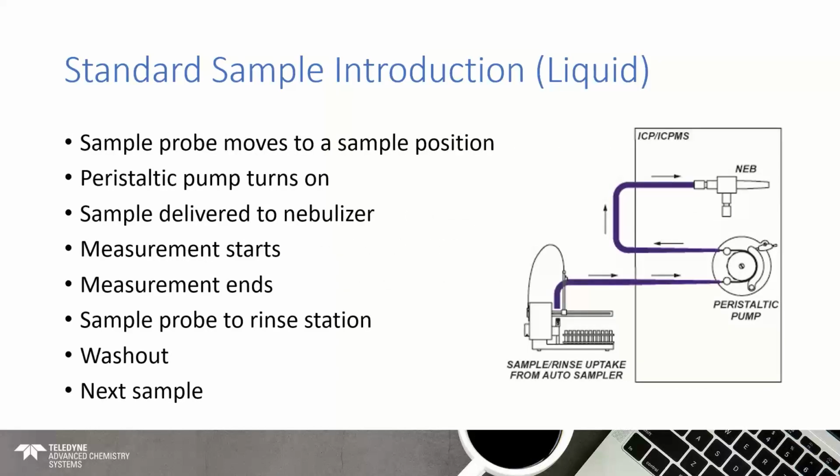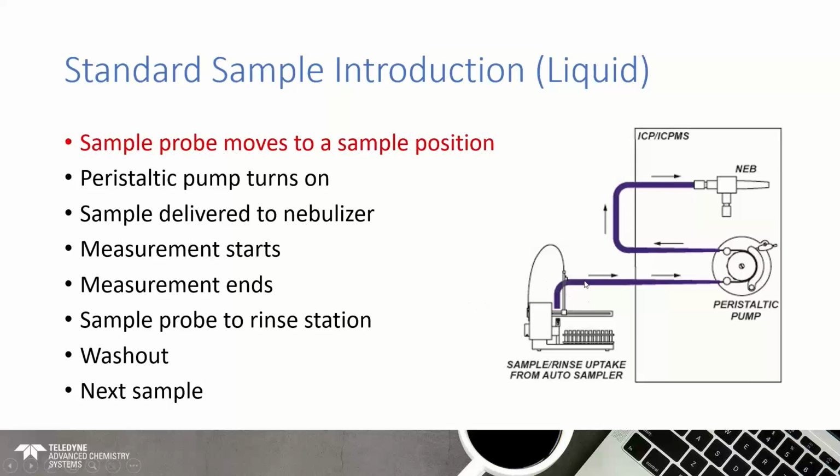What you can see here in the diagram on the right-hand side of the screen is essentially our standard setup. I mentioned before automation, a peristaltic pump, and our nebulizer here. Basically, we go through this process.